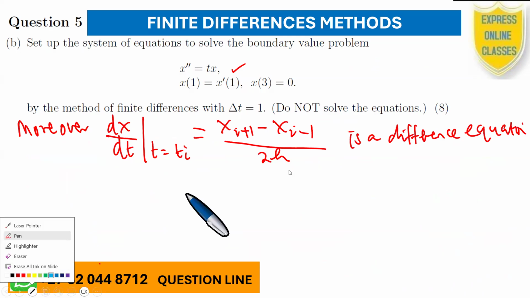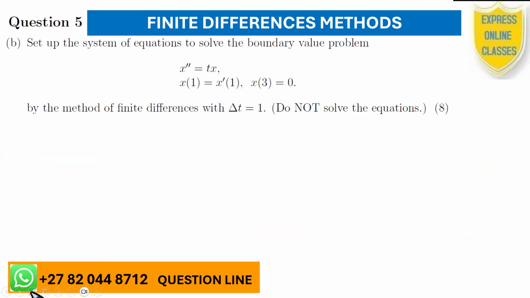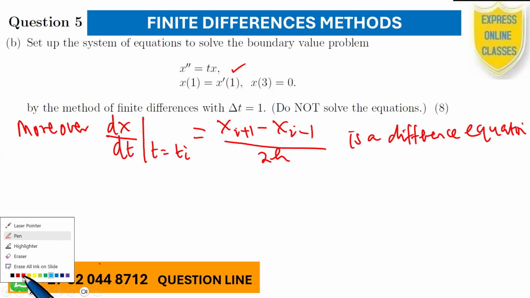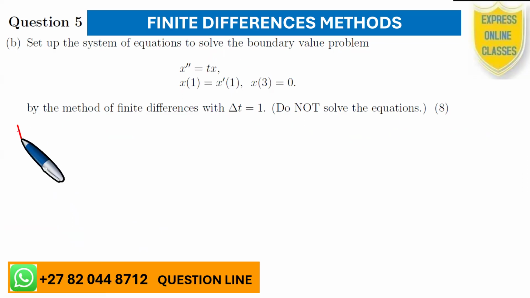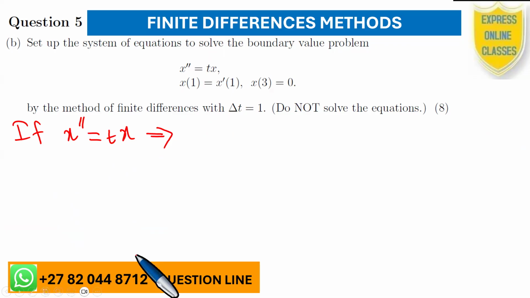So we continue as follows. Now we need to write the difference equation for this one. If x double prime is tx, this would imply the following.